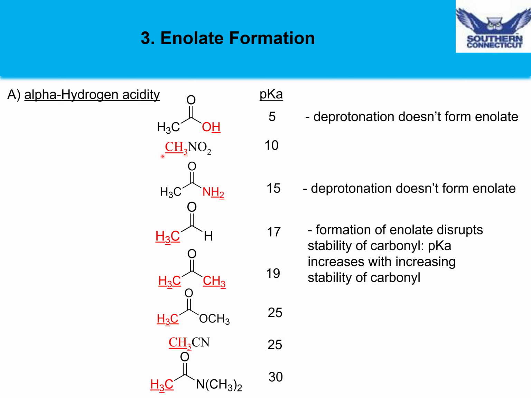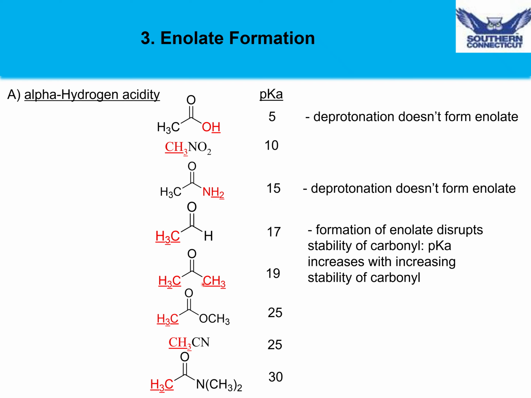So one of these alpha hydrogens will be removed. It has a pKa of about 10, which is a very acidic hydrogen. A primary amide or even a secondary amide both contain a hydrogen on a nitrogen. Similar to a carboxylic acid, the most acidic hydrogen is the one attached to the nitrogen. It has a pKa of roughly 15.